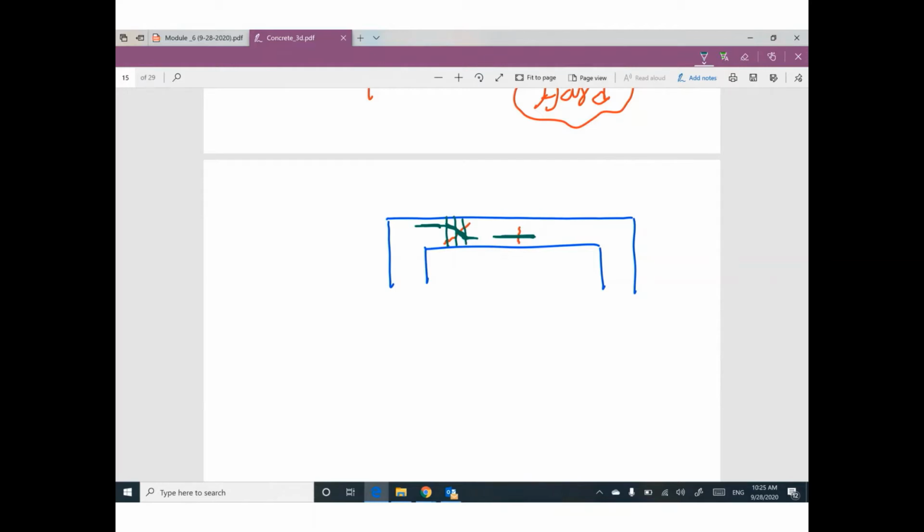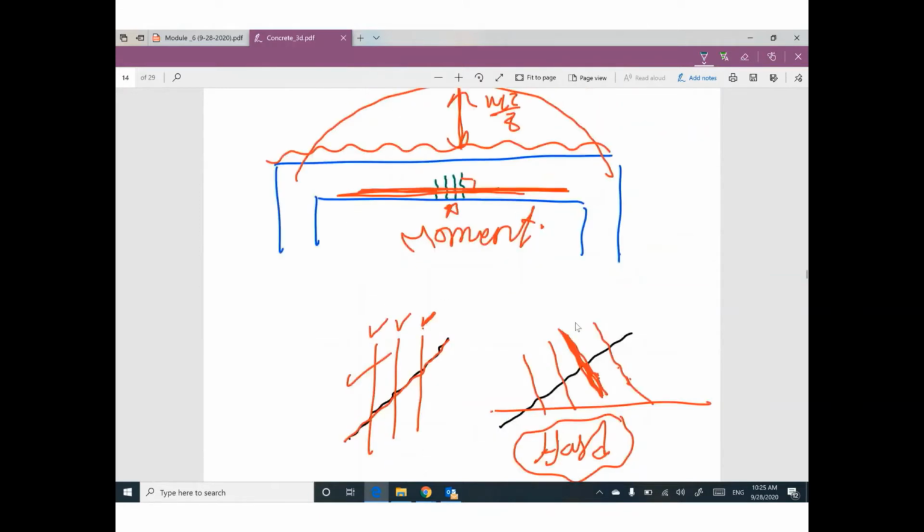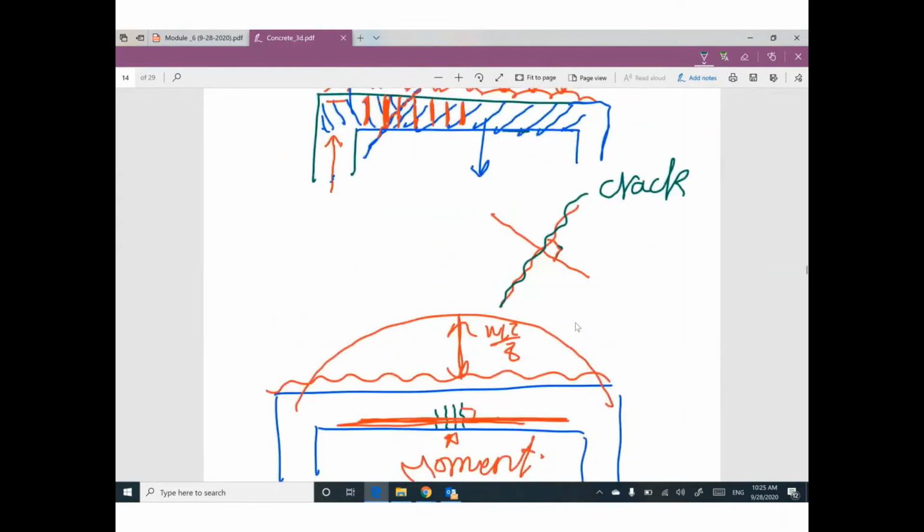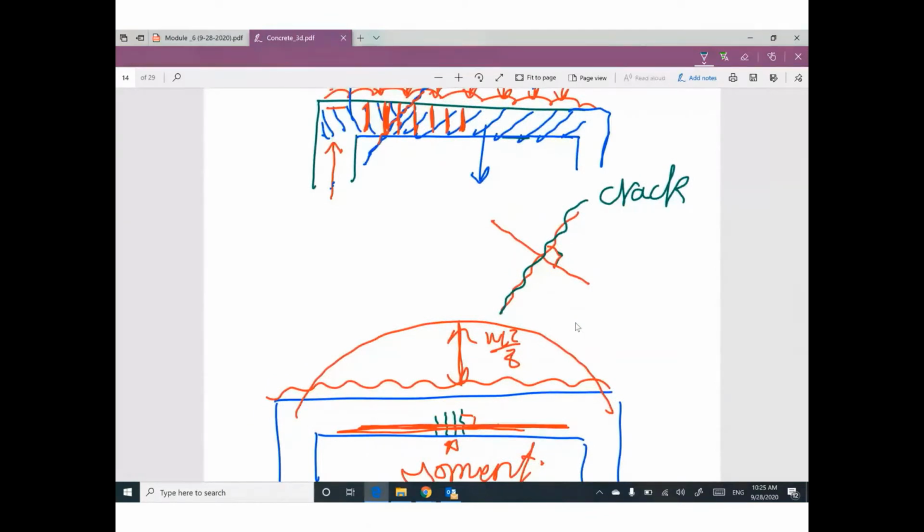So keep in your mind a very good relationship between cracks and reinforcement. The main function of reinforcement is to prevent cracks. Okay? Any questions so far?